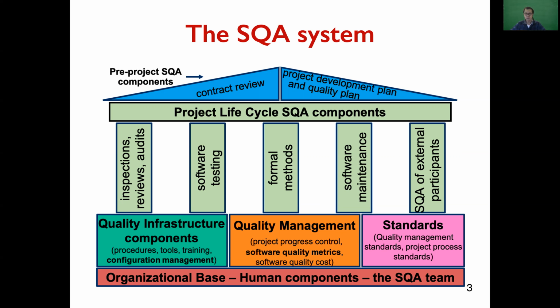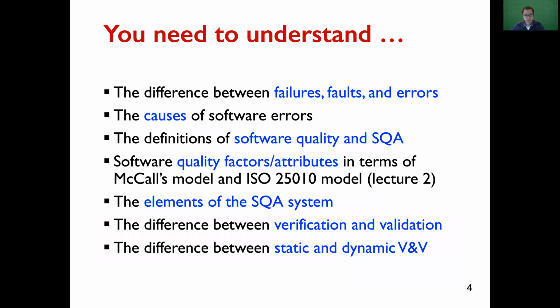So what do you need to understand for this lecture? The first one, you need to understand the difference between failures, faults, and errors. And you need to understand the causes of software errors, the definitions of software quality, and the definition of software quality assurance. You also need to understand the software quality factors, which are also called software quality attributes.